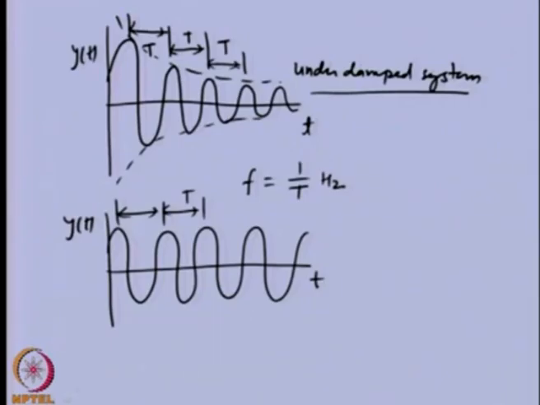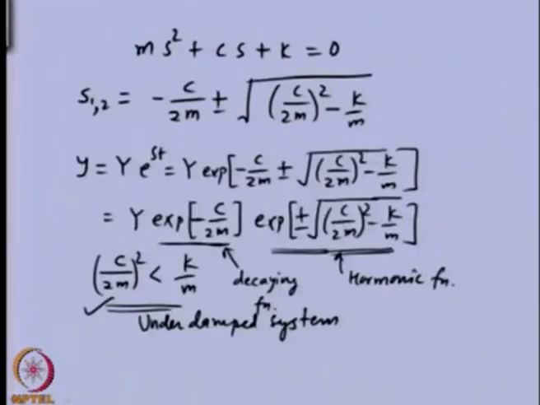Okay. In the previous case, if this particular condition is equal, that means we have (C by 2m) square equal to K by m, we call it a critically damped system.